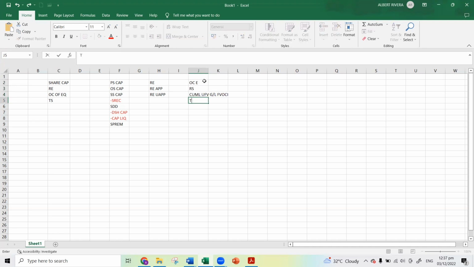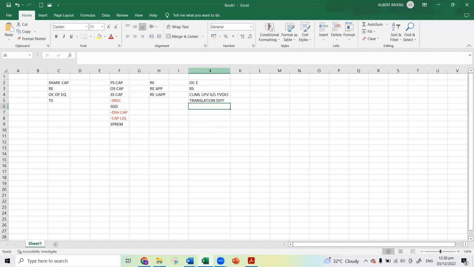Then we have the translation differences. It may be translation loss or translation gain, depending on the effect of foreign exchange. And the effective portion of cash flow hedge.